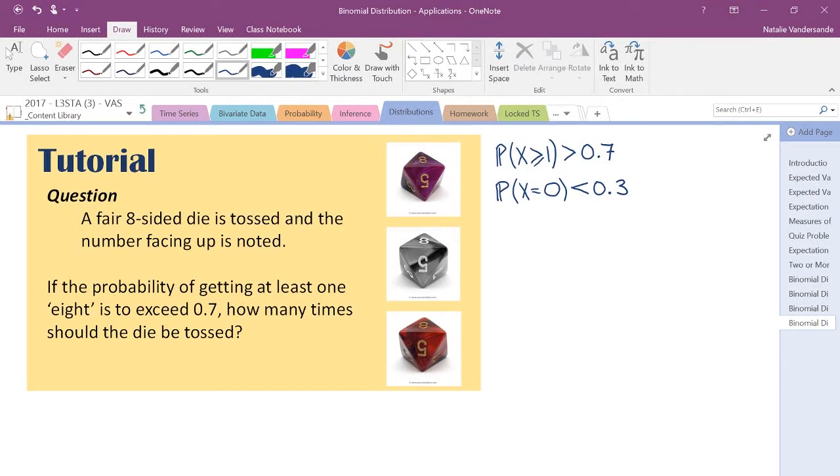This statement is useful because it is in point probability form, so it's about an individual case, not a cumulative range like the first statement. We also know the probability of success is 1/8, the probability of rolling an 8 on this die. The number of trials is what we are trying to work out, so we don't know that yet.